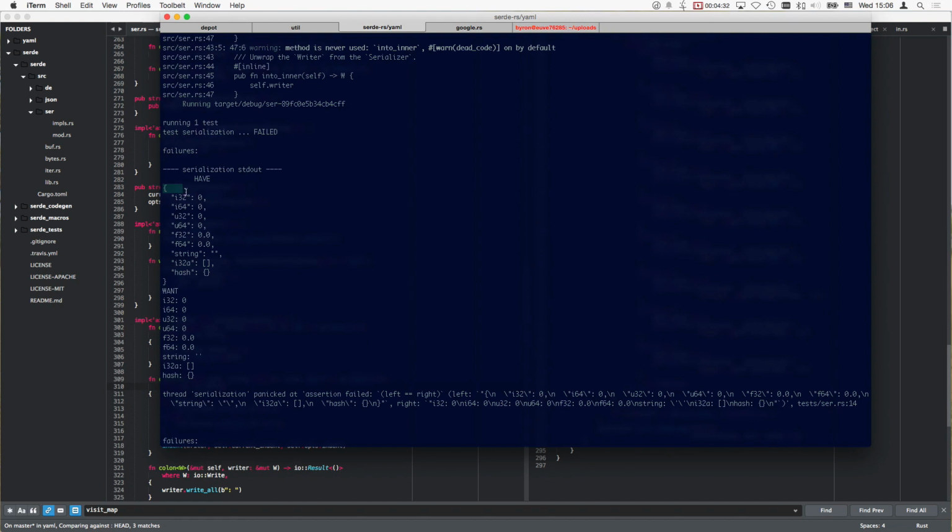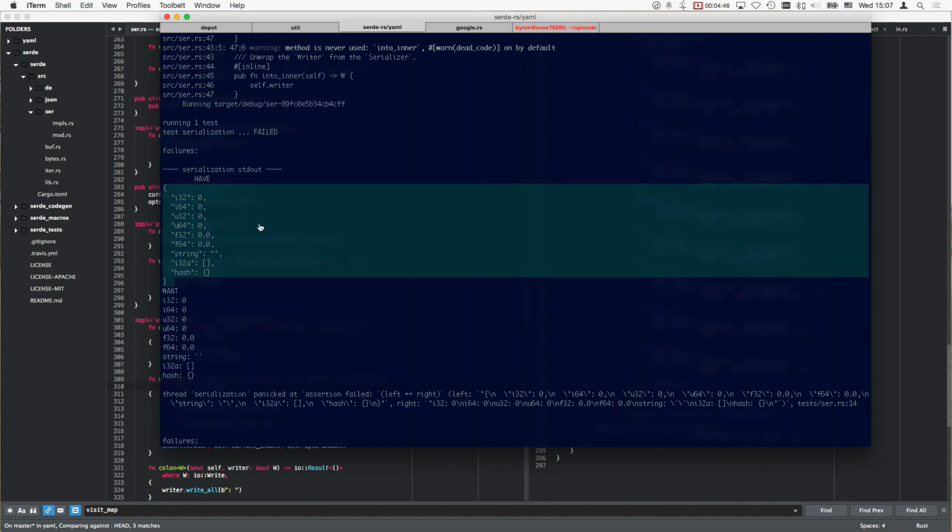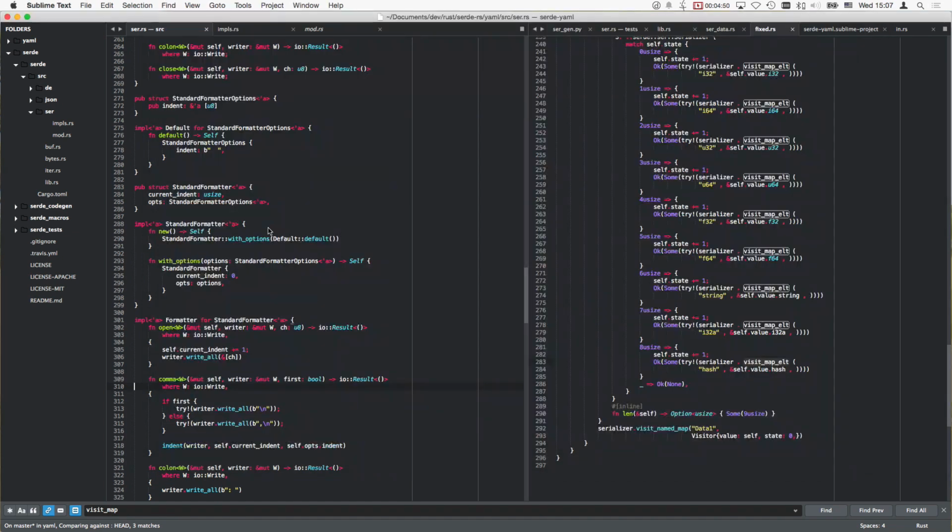Because technically, this is valid YAML. We can read this, because it's valid JSON, and valid JSON is valid YAML. That's the idea here. So yes, this makes it a function of the formatter. This means if I want to count a nesting level, I have to do it here, in theory.